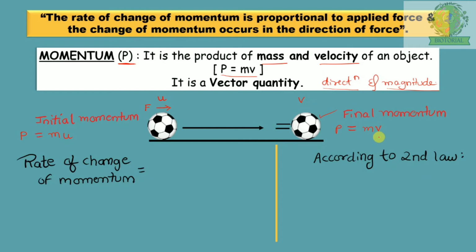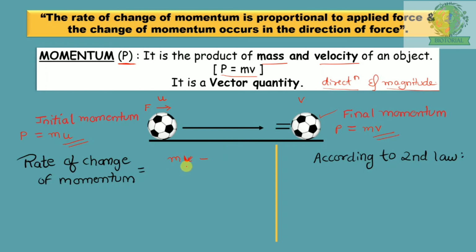Okay, understood till here? Now we have to take the rate of change of momentum. Now how can we write the rate of change of momentum? The rate of change of momentum is the difference between this initial momentum and the final momentum. Okay, so I can write it as mv, because the final velocity comes first.